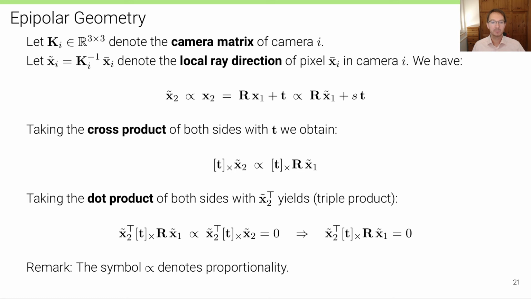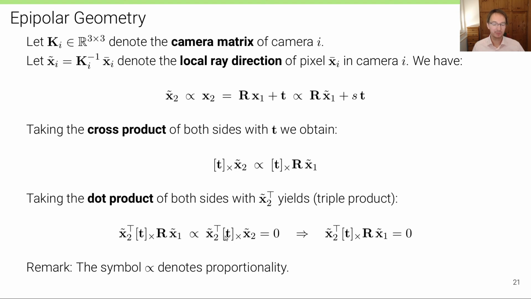And this must be proportional, so we have swapped these two expressions here, left and right, to x2 t and the cross product is the skew-symmetric matrix of t, x tilde 2, this is this term here. Now, on the right hand side here, what we have is the so-called triple product.